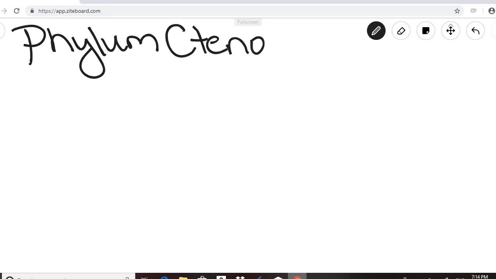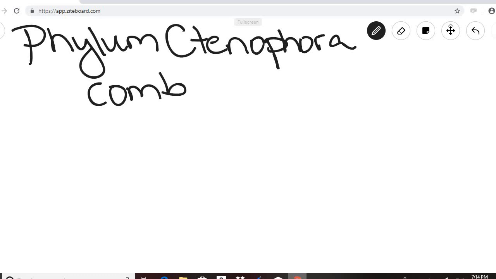The next phylum that we will talk about is phylum Ctenophora. So again, the C is silent, Ctenophora. I'm just going to mention one organism that belongs to this phylum, and that is the comb jellies.